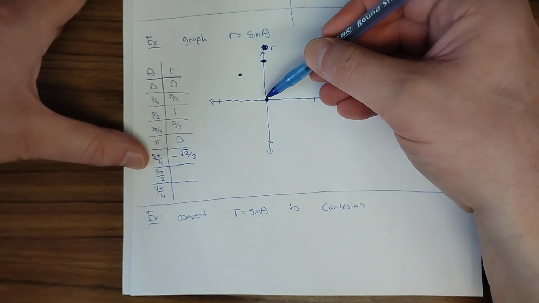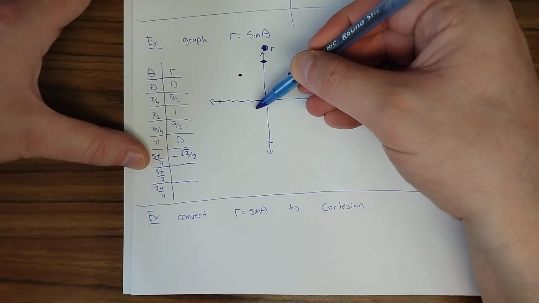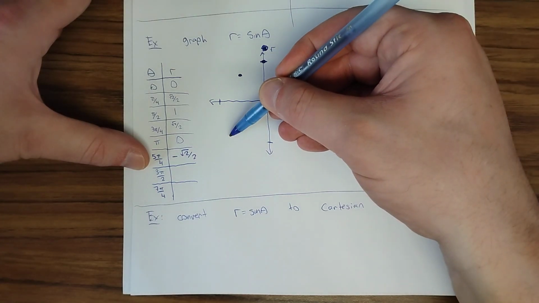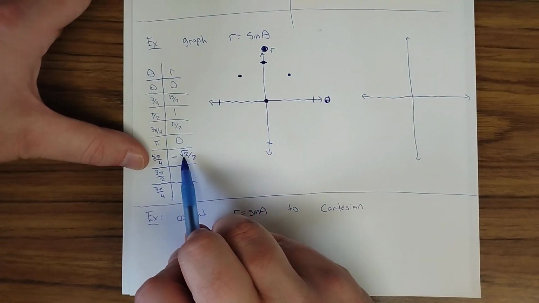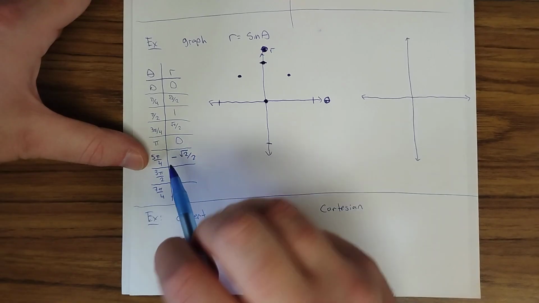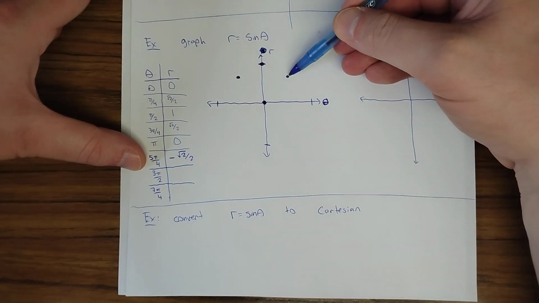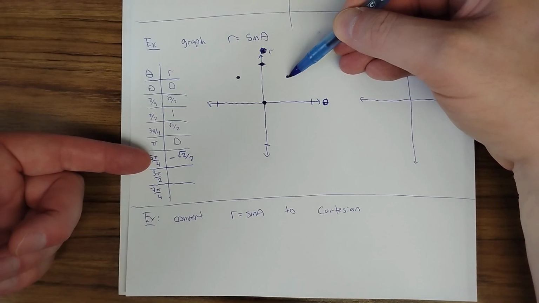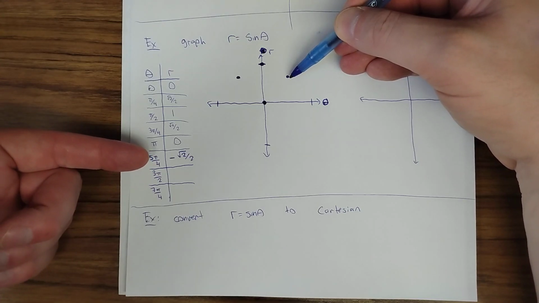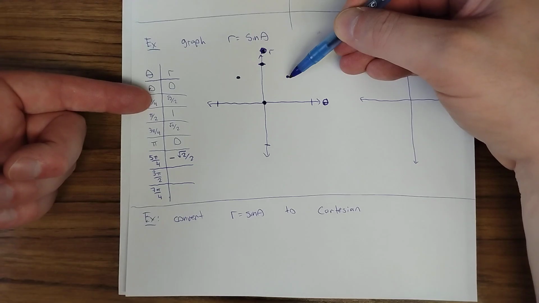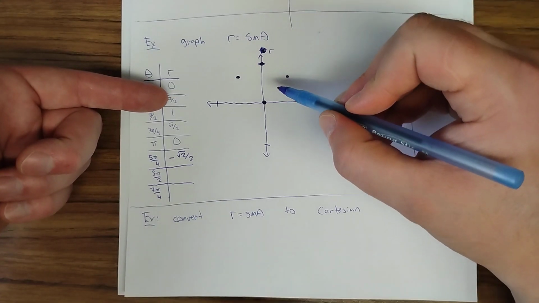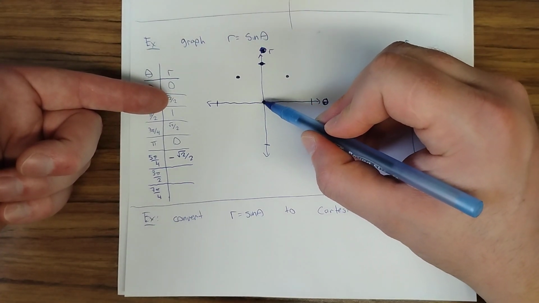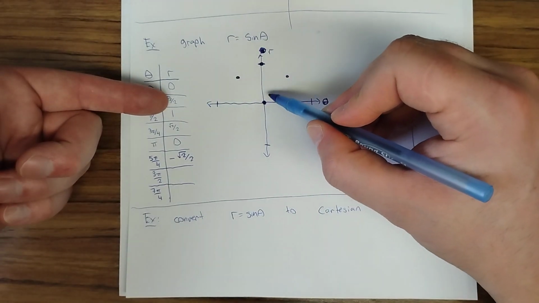So for 5 pi over 4, that's this way. But the r value is negative. So actually, we're just talking about this point again. We covered this point twice. When theta was pi over 4, r was positive root 2 over 2, because pi over 4 is pointing this way, and r is positive, so we go that way.